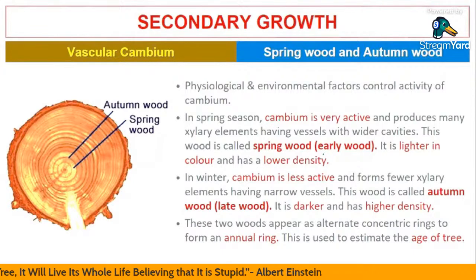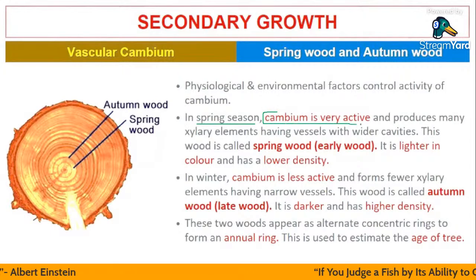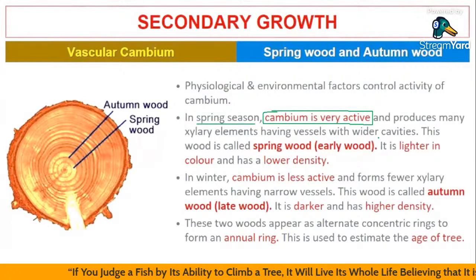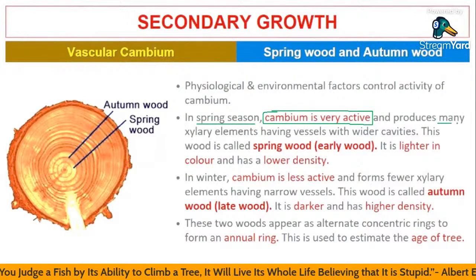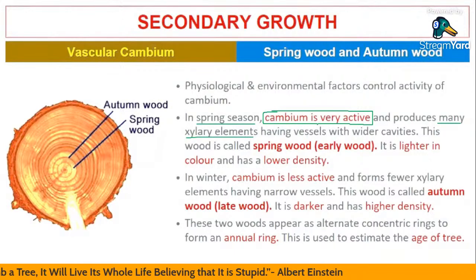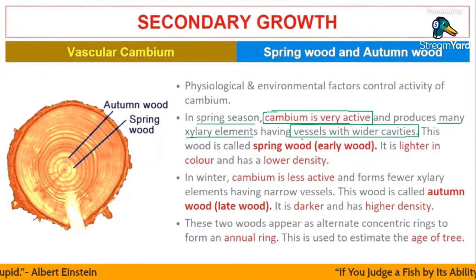In the spring season, cambium is very active. It produces many xylem elements having vessels with wider cavity. You will be asked to write the differences between these.